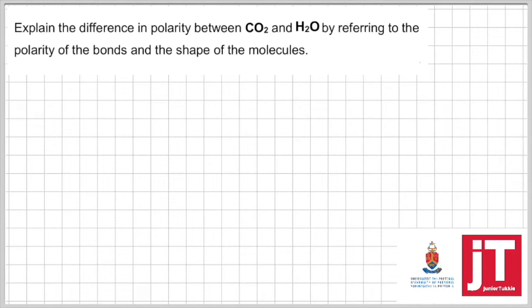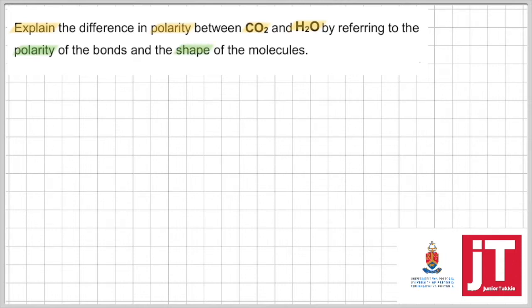In this video, we are going to be solving two different problems, this and another problem. This problem says, explain the difference in polarity between carbon dioxide and water by referring to the polarity of the bonds and the shape of the molecules.